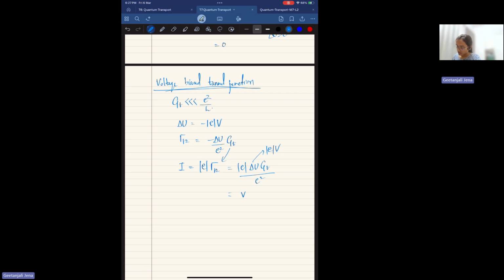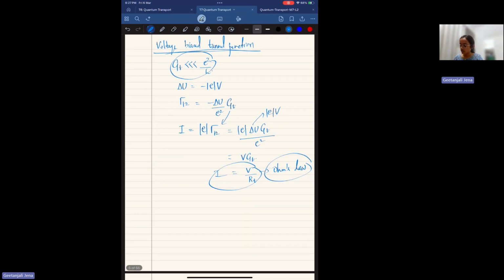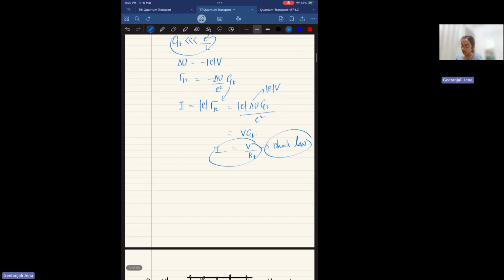We have V GT, or this is V by RT. So this is nothing but Ohm's law. So under the low conductance regime, we can assume that the voltage biased tunnel junction will behave like an ohmic device. So it will follow Ohm's law, V is IR.